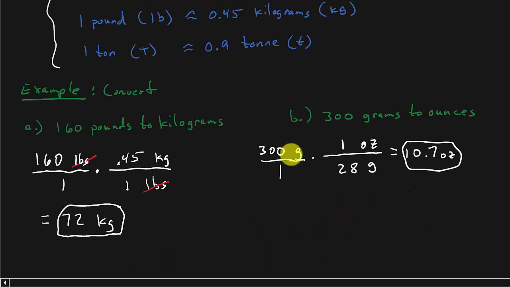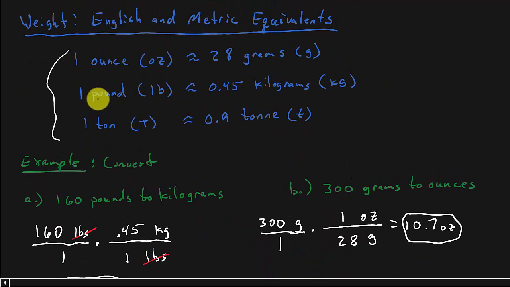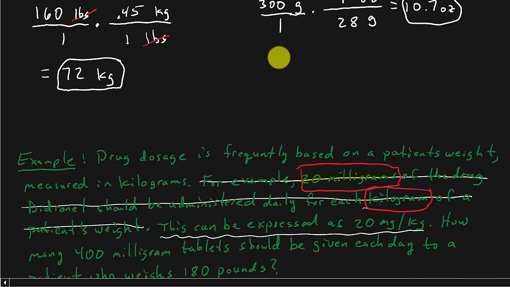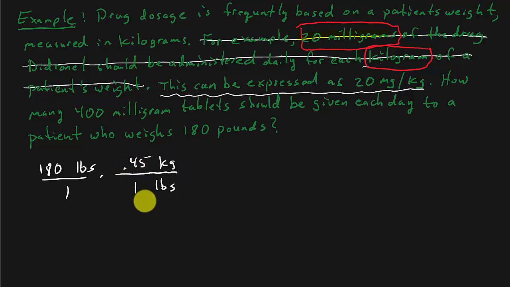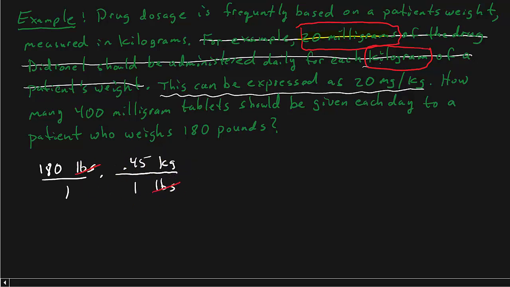Yep, we've got 1 pound is 0.45 kilograms. The pounds cancel, and I am left with 81 kilograms.